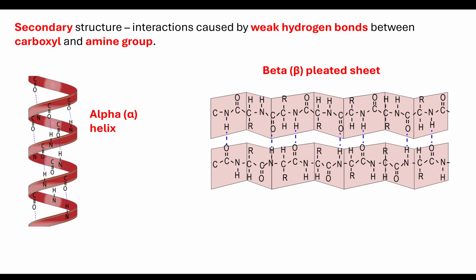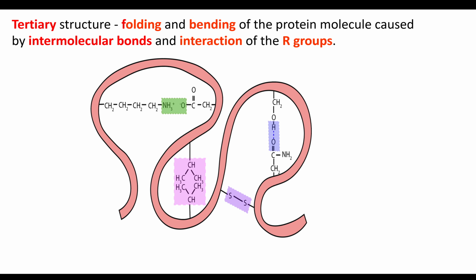So the secondary structure is caused by weak hydrogen bonds between the carboxyl and the amine group. So peptide bonds is your primary structure. Hydrogen bonds is your secondary structure.